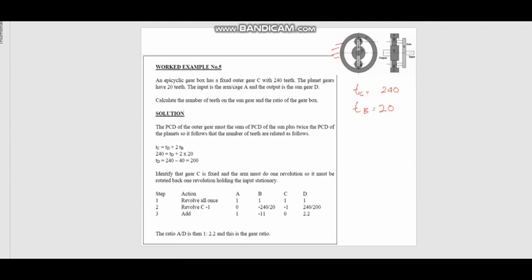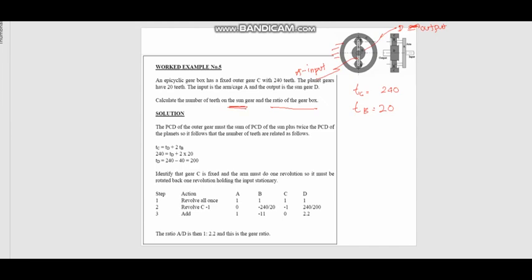So A is the input, and D, which is the sun gear, is the output, right? So the question is, calculate the number of teeth on the sun gear and the ratio of the gearbox.